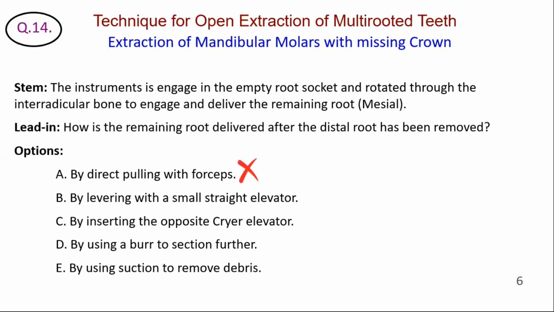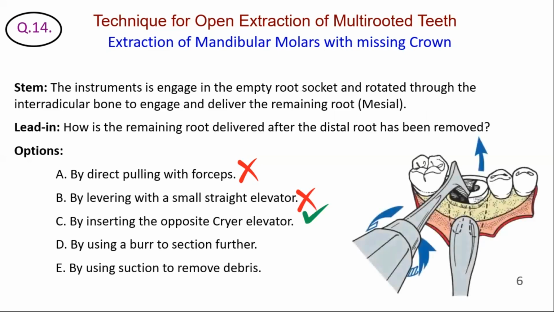Not described for this step. Used for initial root. This is the correct answer, specifically mentioned for the remaining root. This figure shows that the opposite member of the paired Cryer elevator is used to deliver the remaining tooth root with the same type of rotational movement.